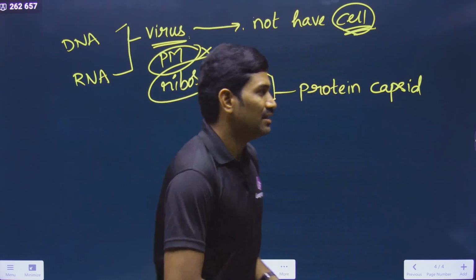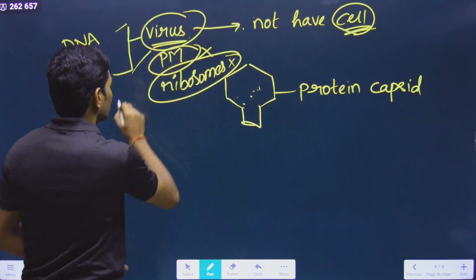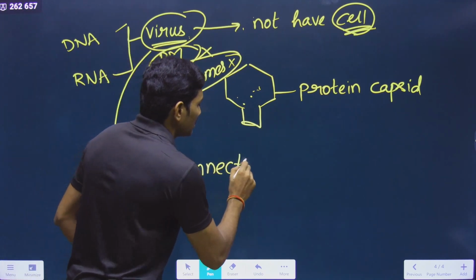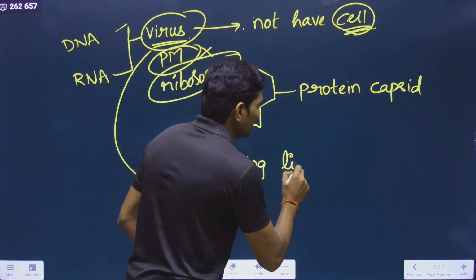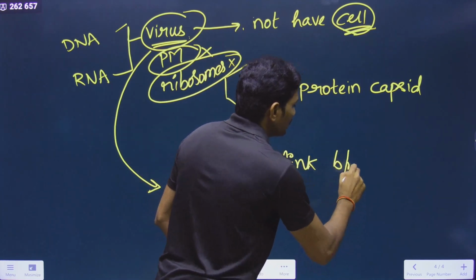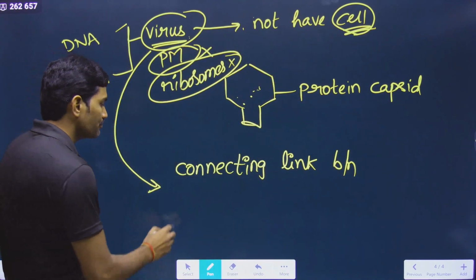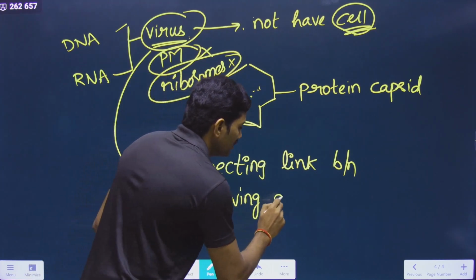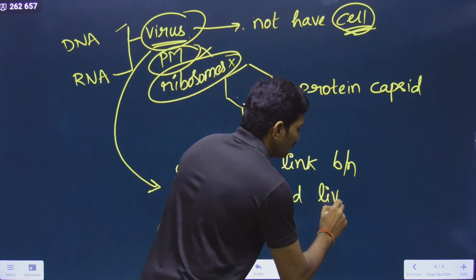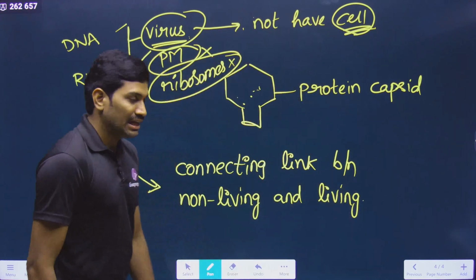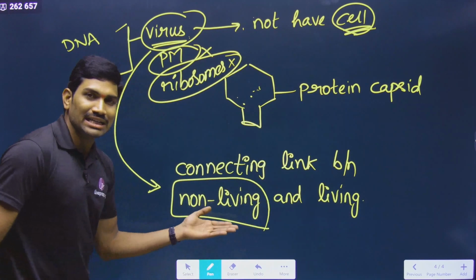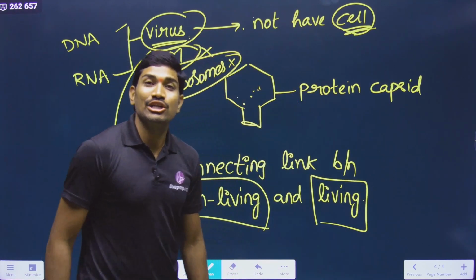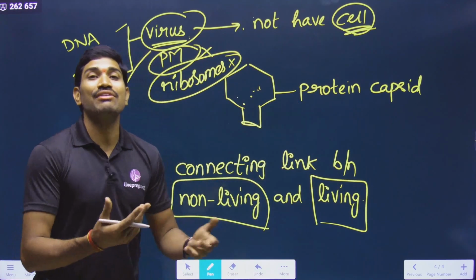That is the reason why viruses are considered as connecting links between non-living and living. The same virus, if it is present outside the host, behaves like non-living. The same virus, if it is entering into the host, behaves like a living organism.